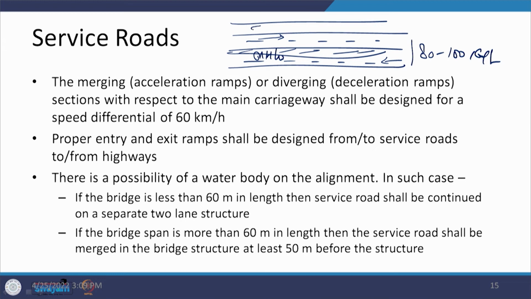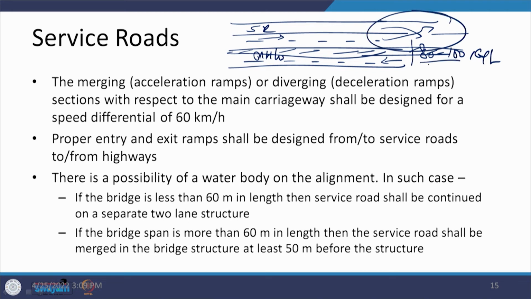There is a service road on this side. Obviously, at some point of time there is going to be a connectivity between the service road and the highway. So, maybe we have this exit or this entry from the main highway to the service road being provided. Now, when we are doing this, how we are going to design is another aspect.